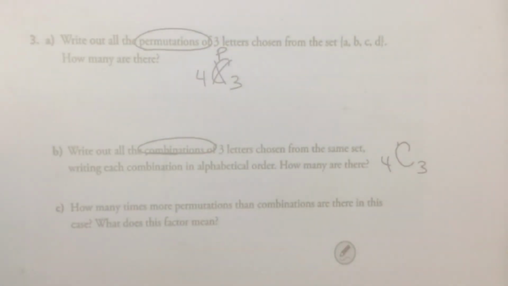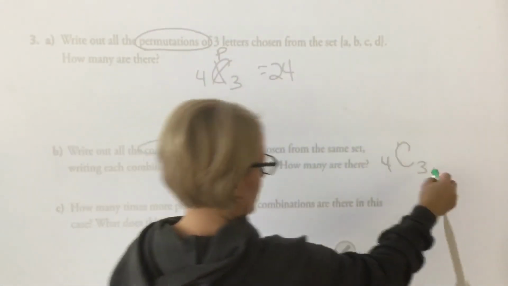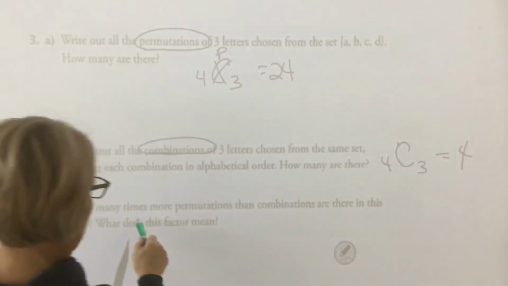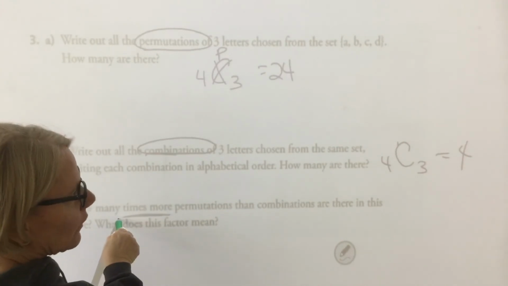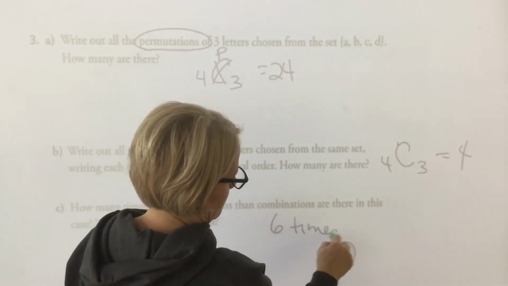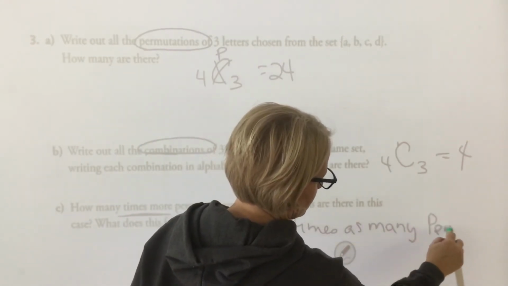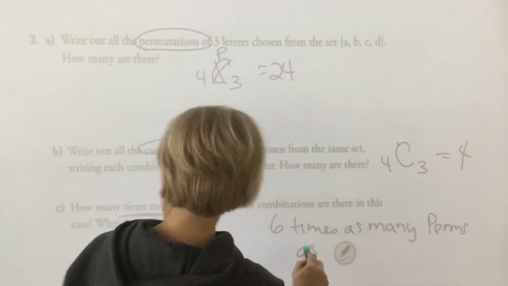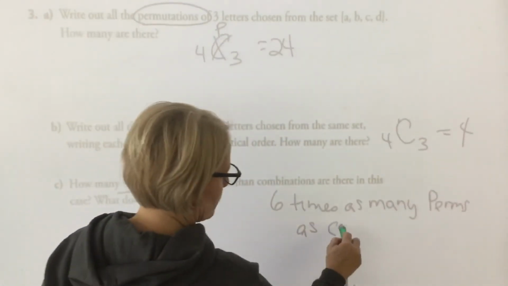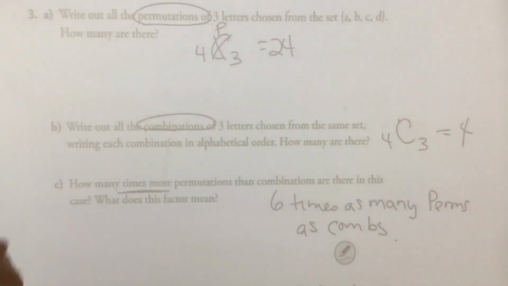If we put the numbers to these, this is 24, and this is 4. When it asks how many more times, well, I know that there are 6 times as many permutations as combinations.